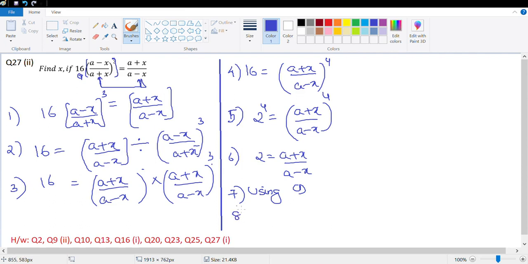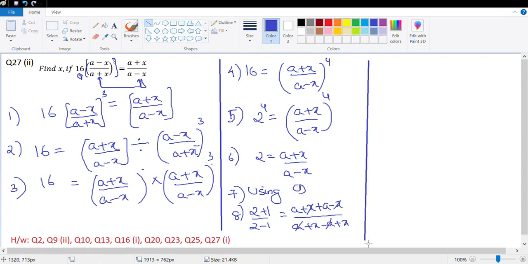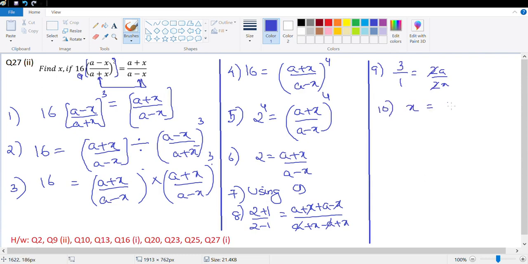So this will be 2 plus 1 upon 2 minus 1 will be equal to a plus x plus a minus x upon a plus x minus a plus x. A gets cancelled, x gets cancelled. So what we have is 3 upon 1 is equal to 2a upon 2x. A and a gets cancelled. We need to find the value of x, which means x would be equal to a upon 3. That's the value of x.